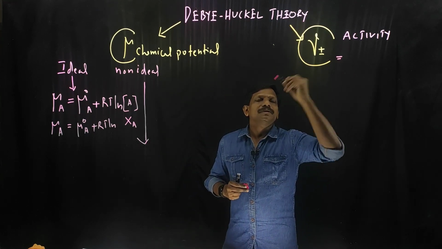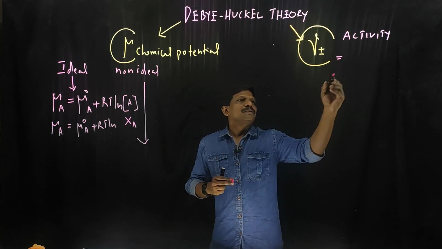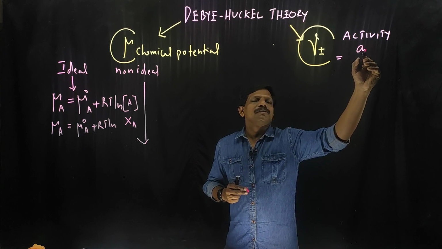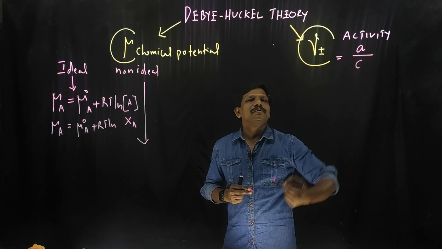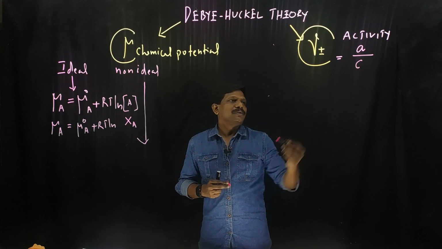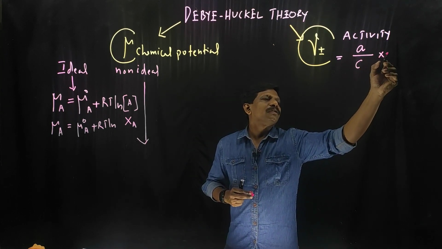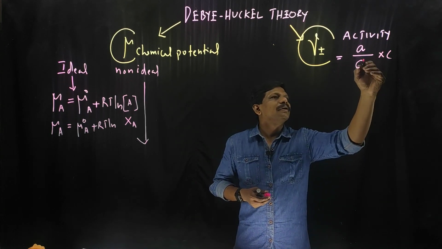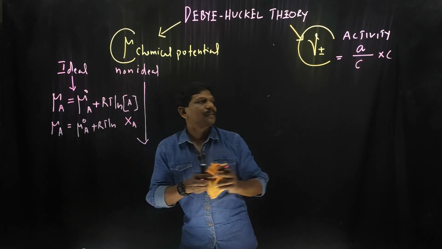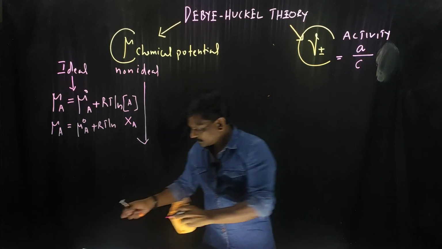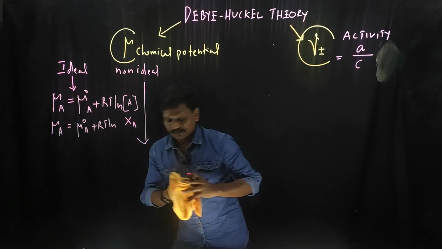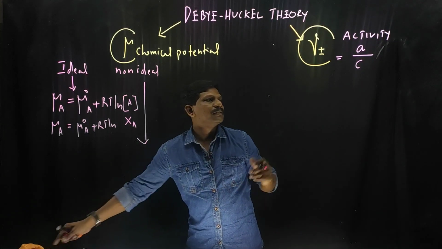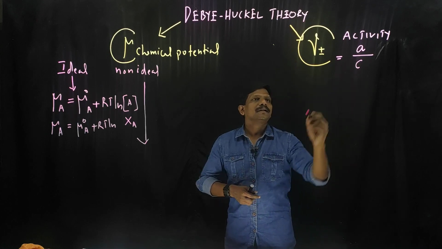This activity coefficient is the ratio of the perceived concentration divided by the real concentration.